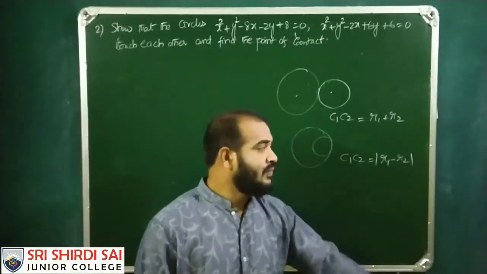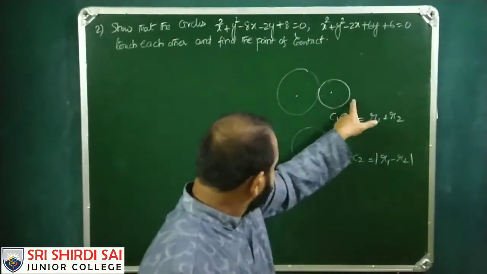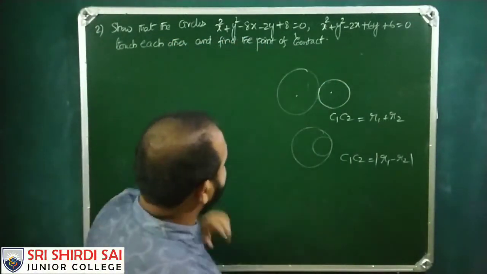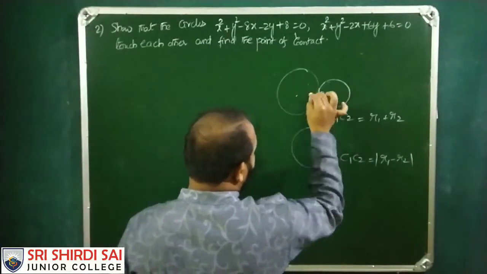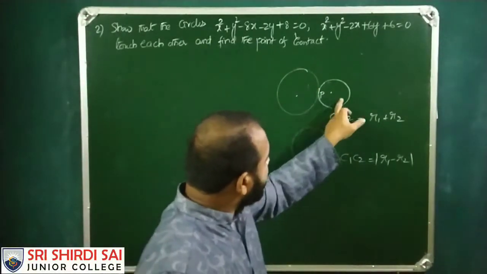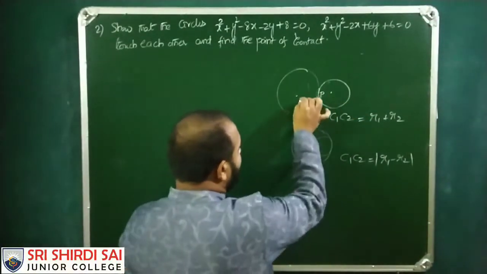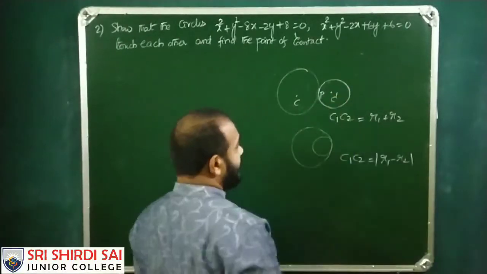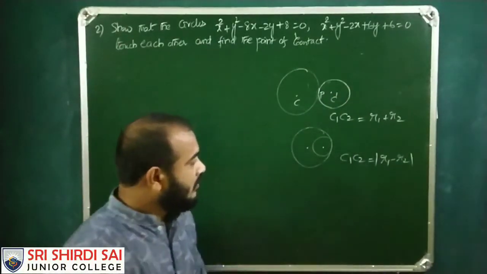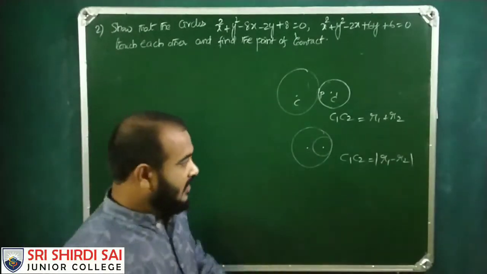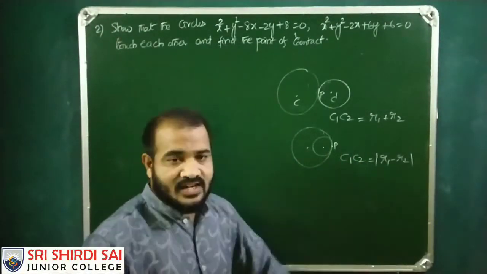Now, if the two circles touch each other like this, then the point of contact P is the internal center of similitude of the line joining the centers C and C dash. So, if the situation is something like this, for example, two circles touch each other internally, this point of contact P is nothing but the external center of similitude.